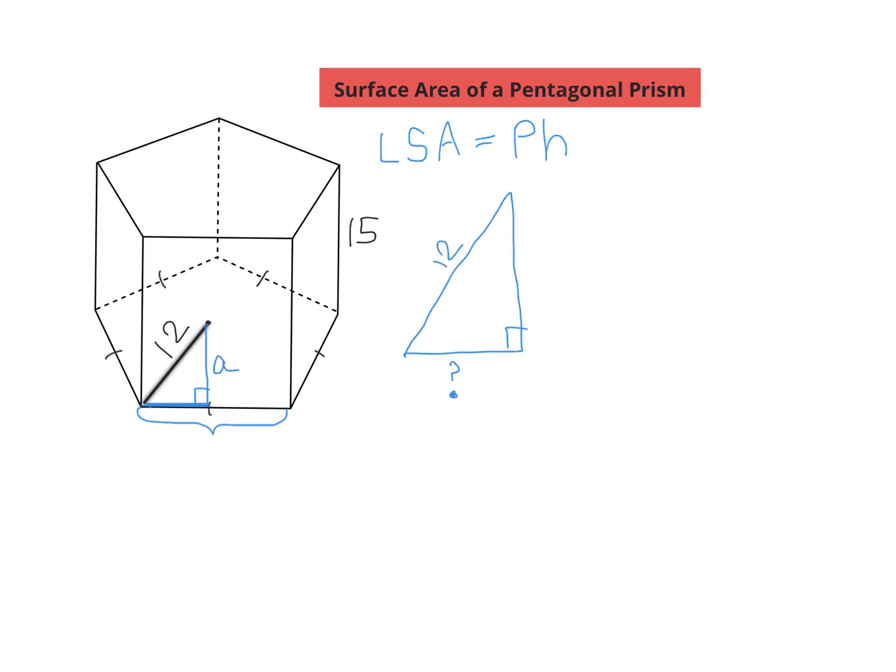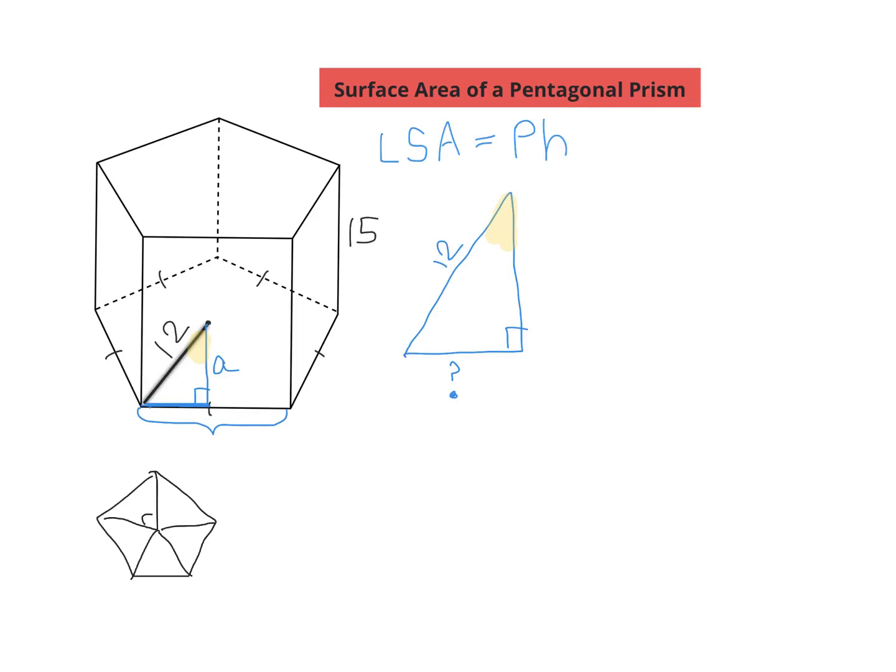So I need some more information. What I'm going to need to know is this angle right here. I need to know how big that angle would be. Well, since I have a pentagon, if I imagine this pentagon being divided into 5 triangles, okay?